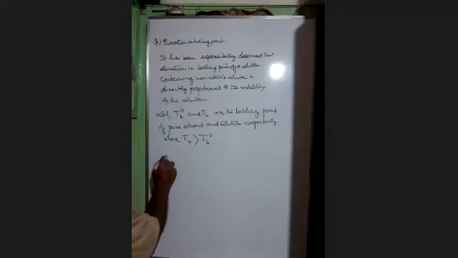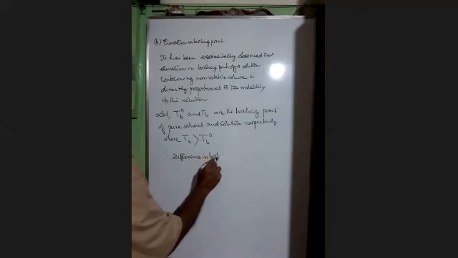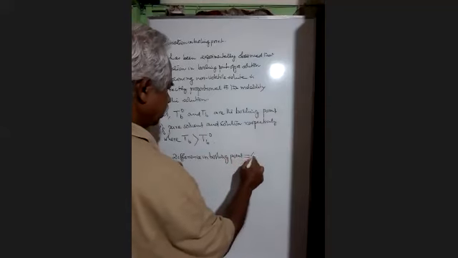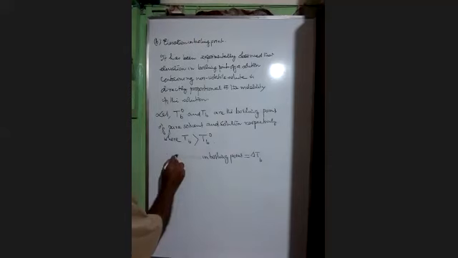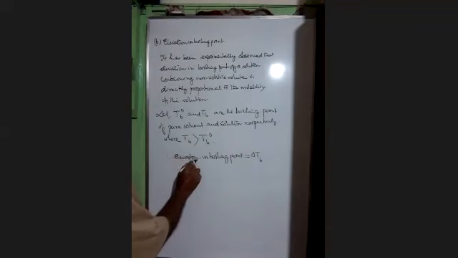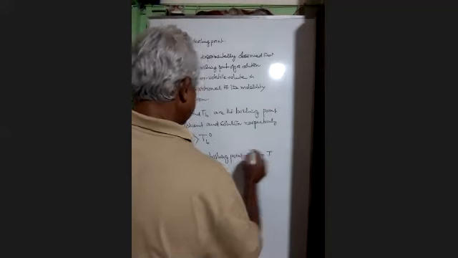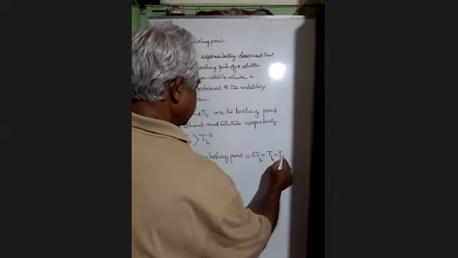Therefore, elevation in boiling point, delta TB, is equal to what? Which is greater? This is greater. TB minus TB0.